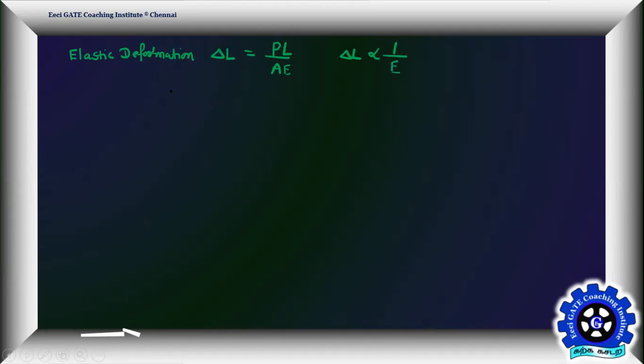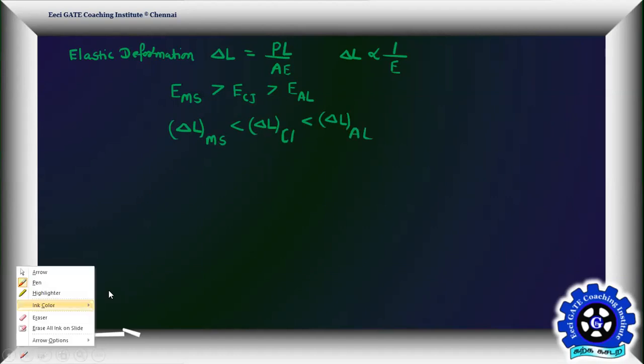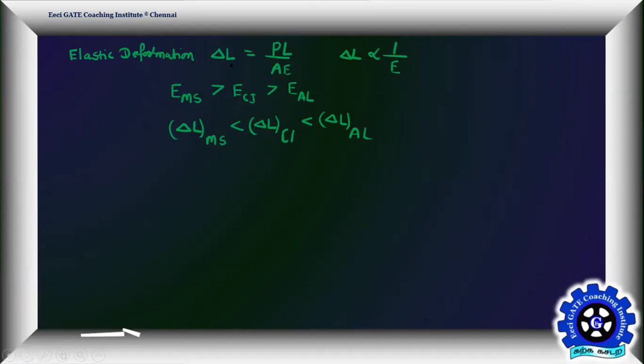That means E mild steel will be greater than E cast iron, greater than E aluminum. In this case, delta L mild steel will be less than delta L cast iron, less than delta L aluminum. Is it clear or not? Simple only. Just we used one formula and then delta L is inversely related with the E.